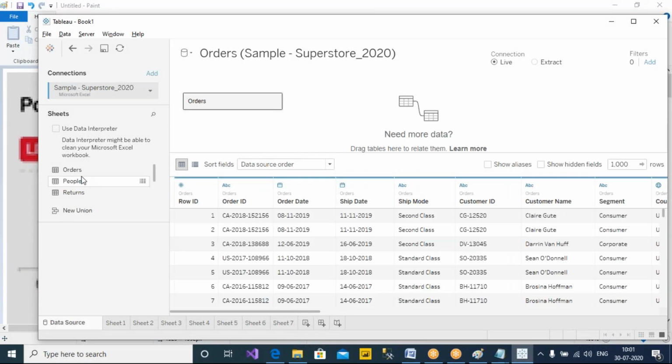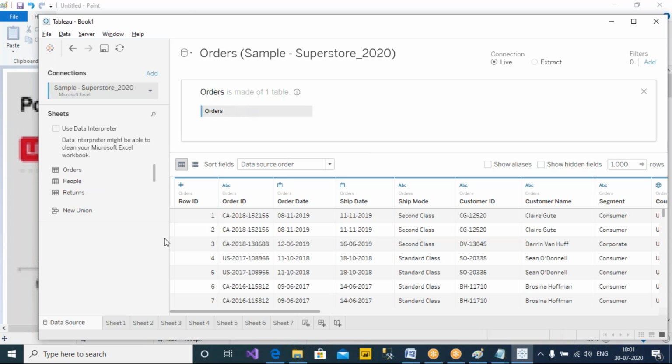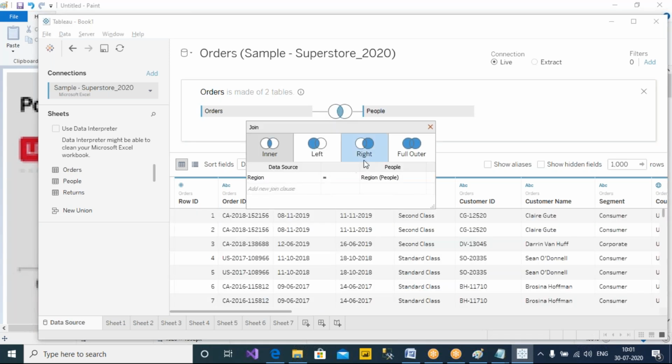In the older version I'm able to see it, but in the newer version, I think right and full outer are disabled, sir. It's enabled. So send me the data and the snapshot. Maybe looking at that, we can answer.